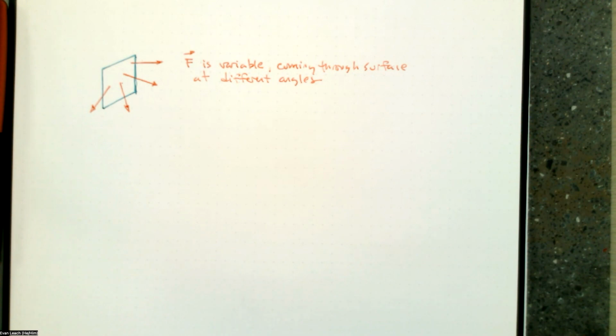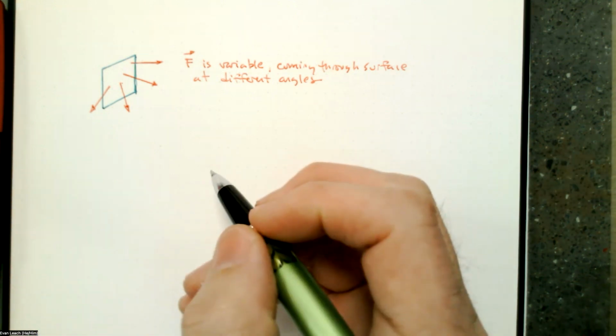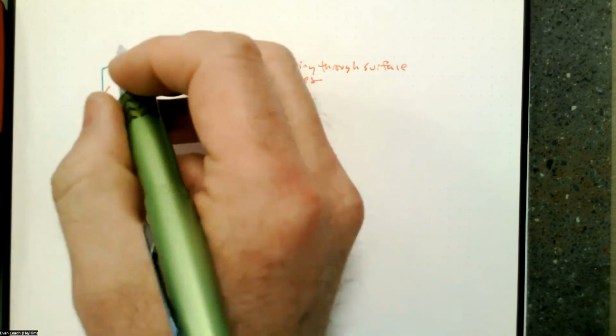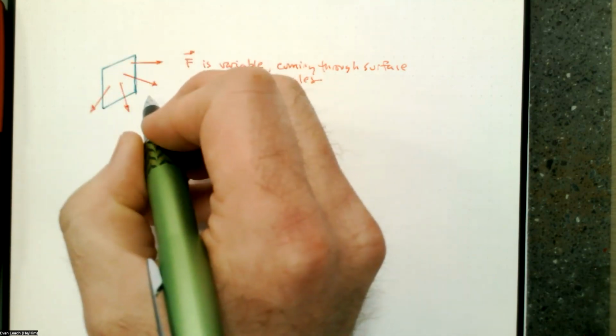So we have different magnitudes and different directions. We're going to have to calculate the dot product of the vector field at different points. In this case, the surface is flat.